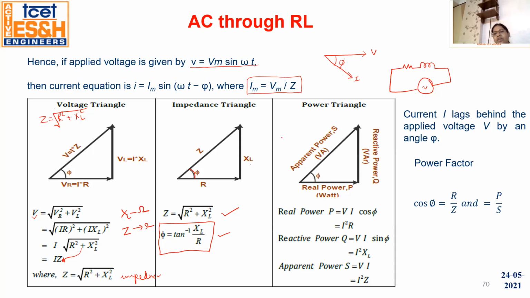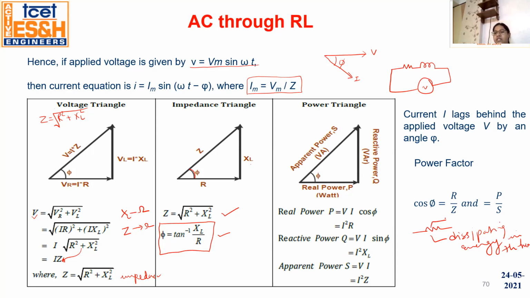Now here a very important thing is the power triangle. When you have resistance, inductance, and capacitance in your circuit, you have three types of power: one is real power, another one is reactive power, and another one is apparent power. You all know that R is dissipating energy in the form of heat.